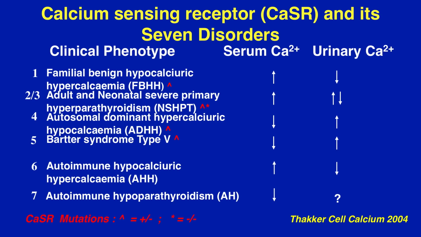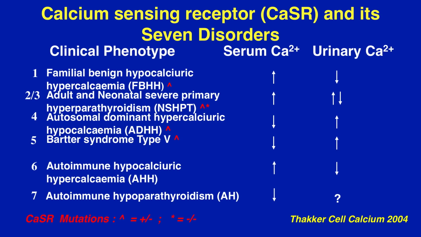You can also get adult and neonatal severe forms of primary hyperparathyroidism because of mutations in this receptor. There's another disorder called autosomal dominant hypocalcemia, low serum calcium here, and it may be associated with hypercalciuria as well. And Bartter syndrome, Bartter type 5, and these are the ones that are due to mutations in the calcium sensing receptor.